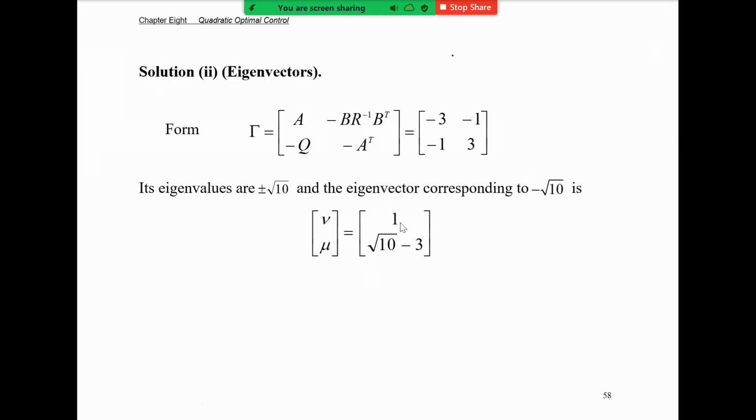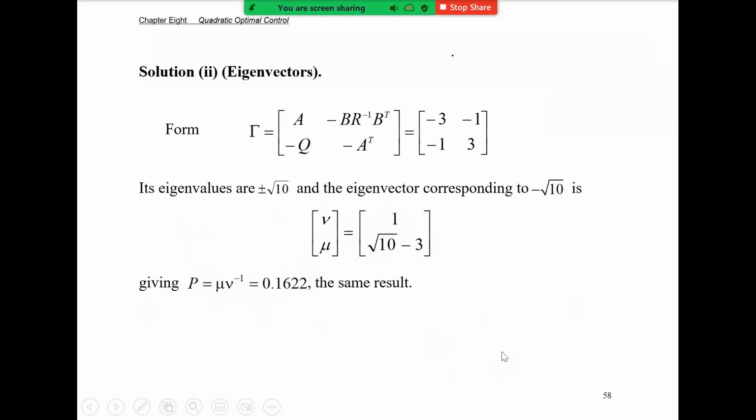So here, just pick the simple one where you put one value as 1, and you get the other value. But if you use some other form, it does not affect the final solution. Because in this way, P is just mu times the inverse of V, but V is just one number. Like I said, if you multiply those two by the same factor, it will not affect the solution. The final solution for P will be the same as the previous one.